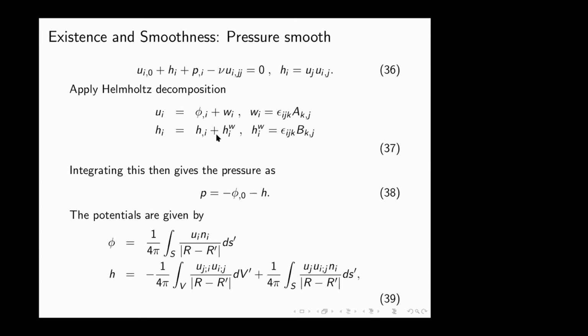Decomposing that into divergence-free and curl-free components, I can substitute them in, and then in a similar way that I did for the Euler flow potential representation at the start of the talk, I can get an expression for the pressure. And then that gives me, because I can work out phi and h explicitly in terms of the velocities, if the velocities are smooth, phi and h are smooth, and therefore the pressure must be smooth.